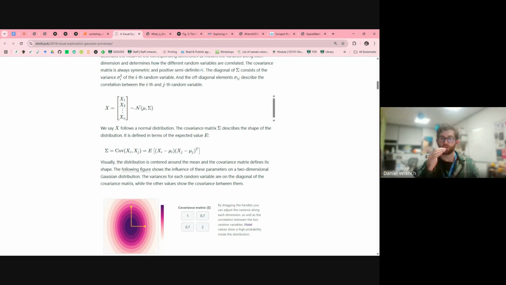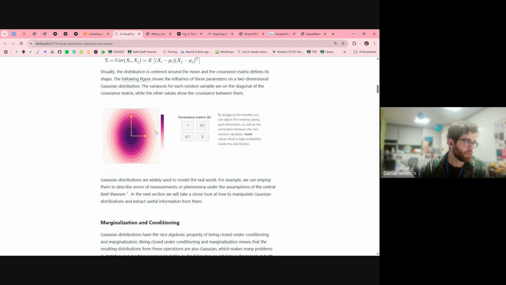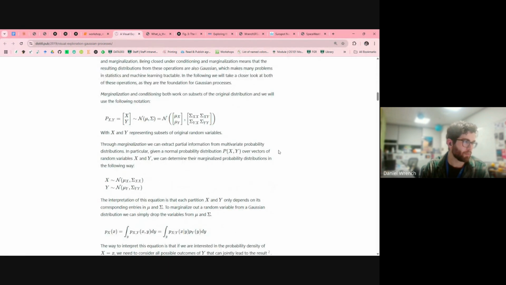It has a vector of means at each timestamp and a correlation matrix, basically just describing that autocorrelation that I showed you before, how closely two values are related to one another. There are some nice visualizations in this document that help explain that, so it's worth having a play around with.